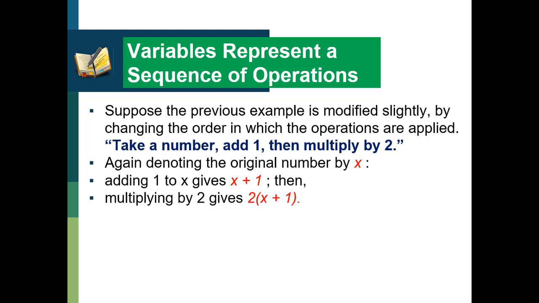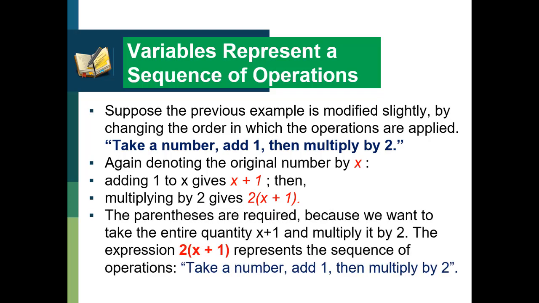Because this time, I will multiply 2 to the first expression, x plus 1. That's why I have to enclose x plus 1 in parentheses, because if I write 2x plus 1, then it seems that I have just multiplied 2 to x. That's why I have to include parentheses to represent that the whole quantity x plus 1 will be multiplied by 2. Did you get it?